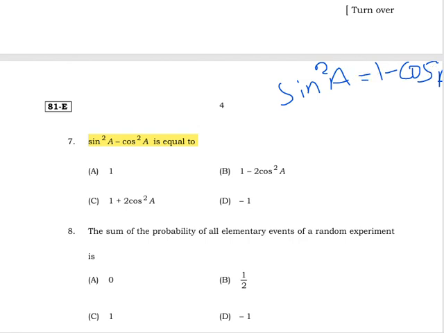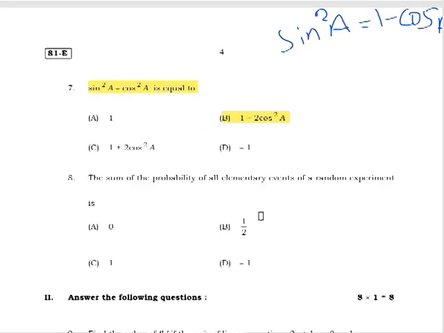When you take cos square A to the right hand side becomes minus cos square A. Here instead of this sin square A we can write 1 minus cos square A. So if you substitute 1 minus cos square A and again you write minus cos square A as it is, minus cos square A minus cos square A you'll get minus 2 cos square A. So option B is the correct answer here, because sin square theta plus cos square theta is equals to 1. When you substitute for sin square, you'll get 1 minus cos square, so 1 minus 2 cos square A.